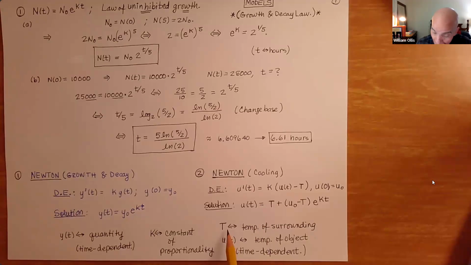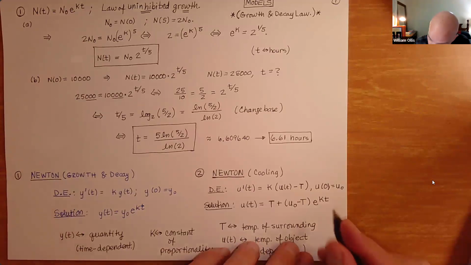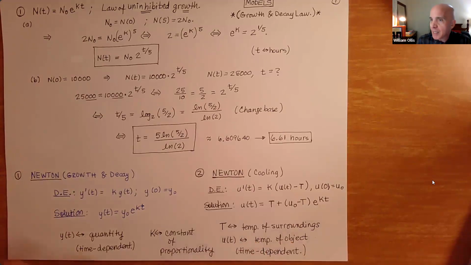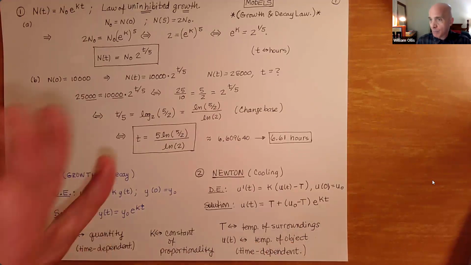Note here that I am using the uppercase T for the temperature of the surroundings. And that could mean maybe the kitchen, the laboratory, outside somewhere. The surroundings would be the place where the object ends up, so to speak.